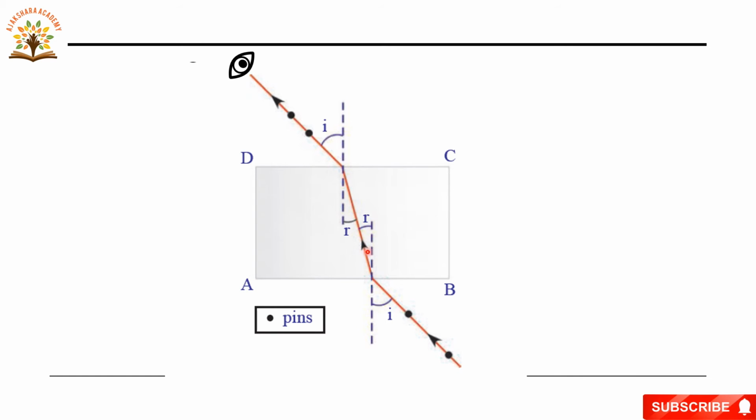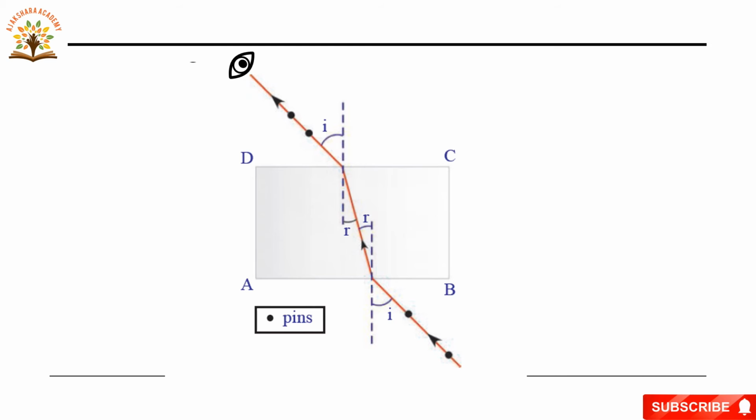Now this is the perpendicular line, that is the normal, and we are drawing the normal on one side of this rectangle, that is on AB. Then we take the line which makes an angle of 30 degrees. Here we are taking the angle of incidence.